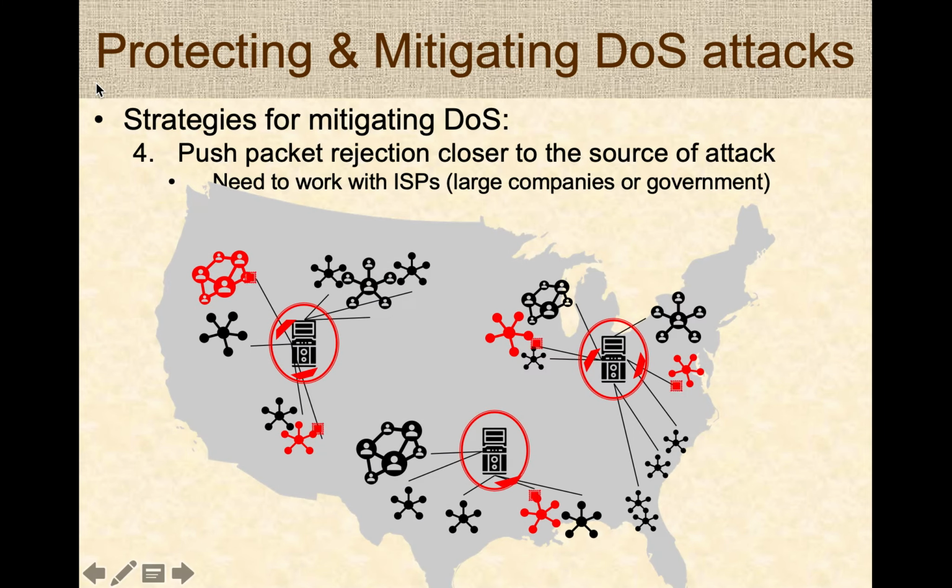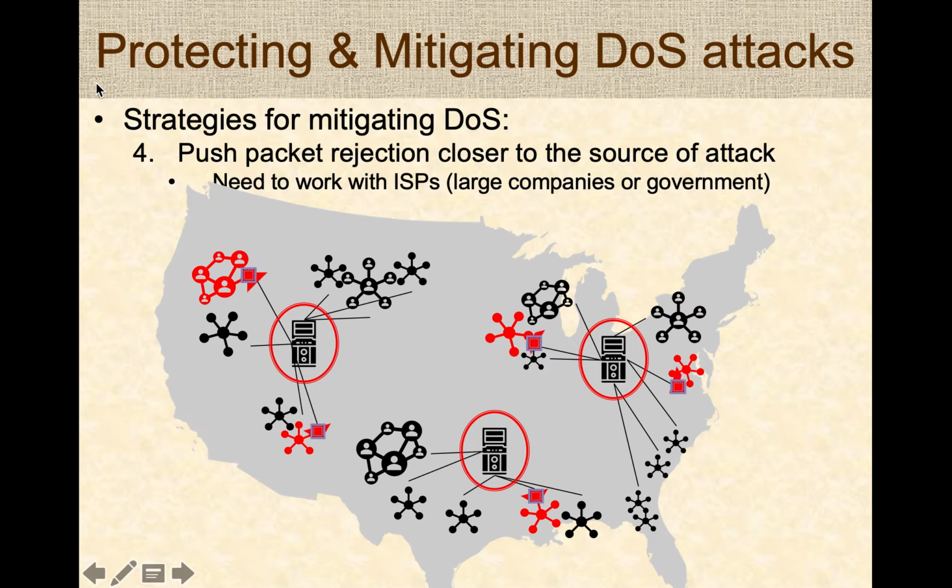The next strategy for mitigating DOS attacks is to push the packet filtering closer to the source of the attack. This decreases the number of malicious packets flowing on the network and coming all the way to the server, and reduces network congestion and other issues in the network. Of course, this requires collaboration with the Internet Service Providers (ISPs) to move the packet rejection closer to the source of attack.